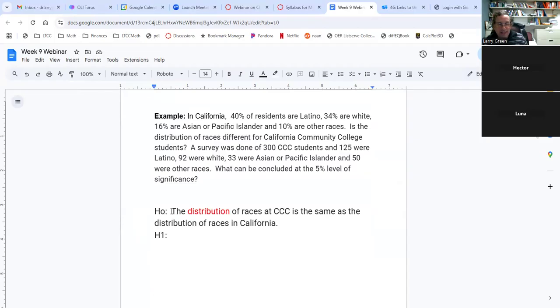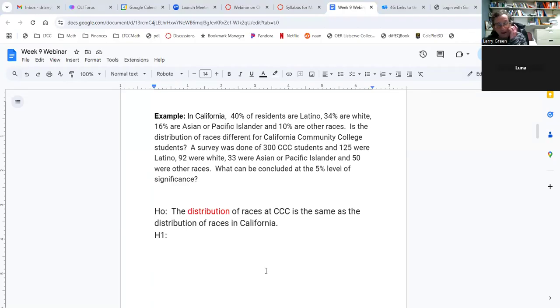And then it's the distribution of races at California community colleges is the same as the distribution of races in California. Okay. So we're looking at California community colleges, not just people all over. We want to say, well, does California community colleges have the same races? Okay, so we're just going to look at California, not necessarily Tahoe, just California community colleges.